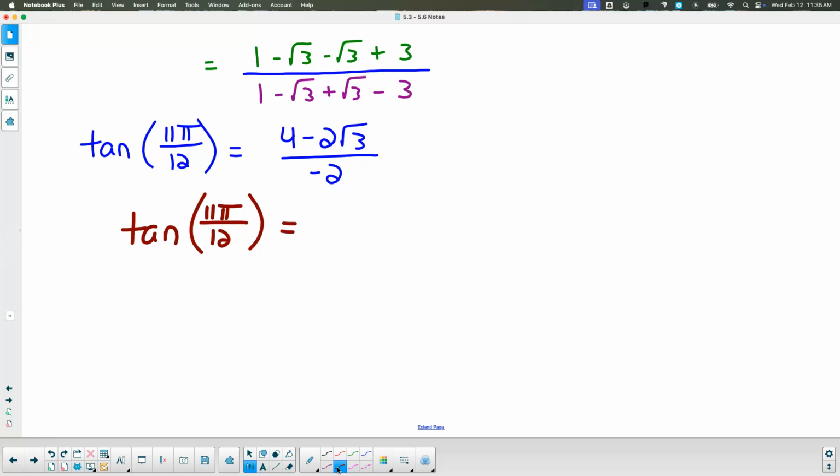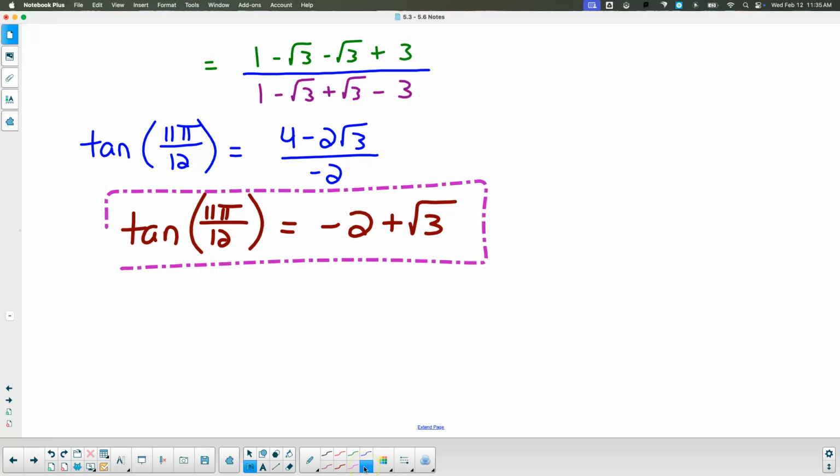Negative 2 plus the square root of 3. Because 4 can be divided by negative 2, and negative 2 can be divided by negative 2.